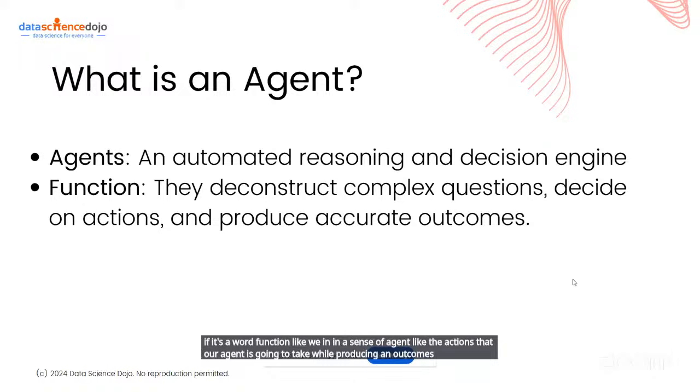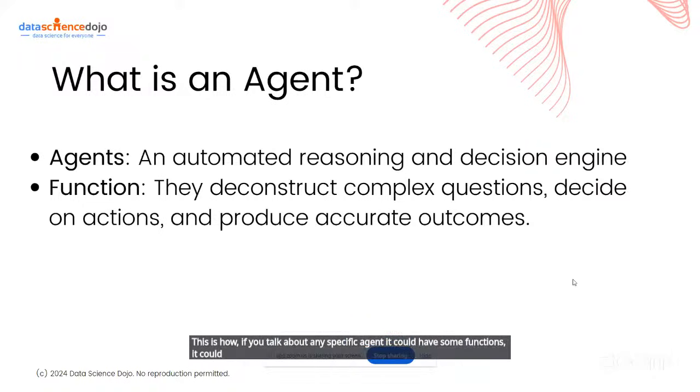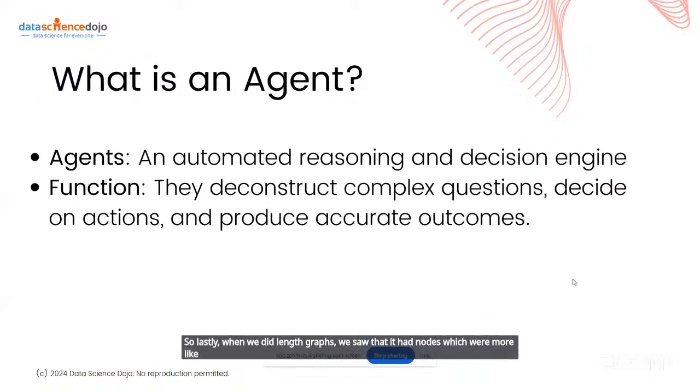These are the specific functions that the agent will be taking. In a specific agent, it could have some functions, some prompts, some nodes if I talk about it in a bigger manner. So lastly, when we did LangGraph, we saw that it had nodes, which were more like the functions, the main logic that we were defining.